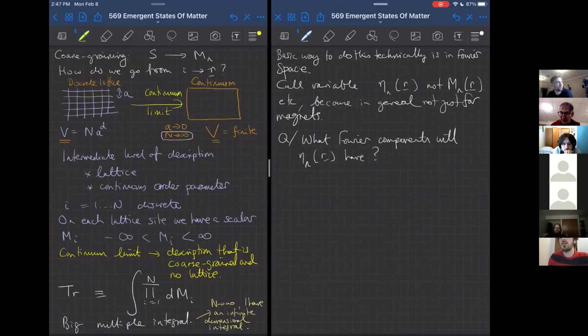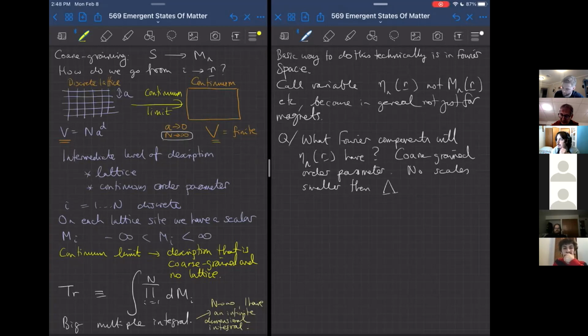So remember, it still has this label lambda, so it is a coarse-grained order parameter. And because it's coarse-grained, what that means is that it does not have length scales smaller than the windowing size lambda, because we've averaged over those.